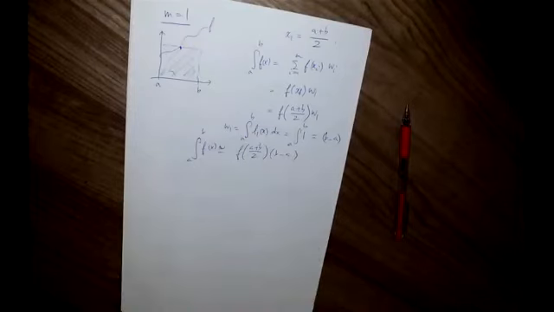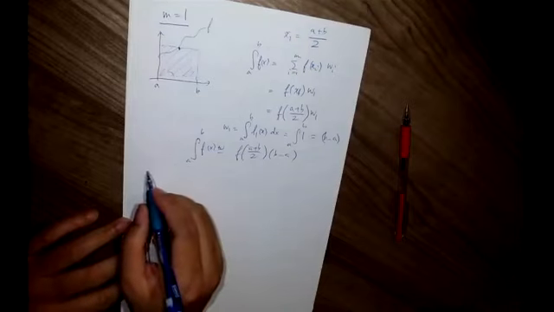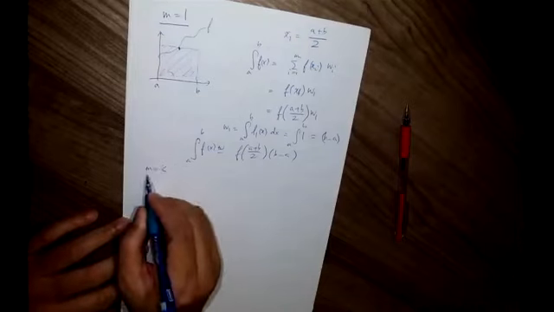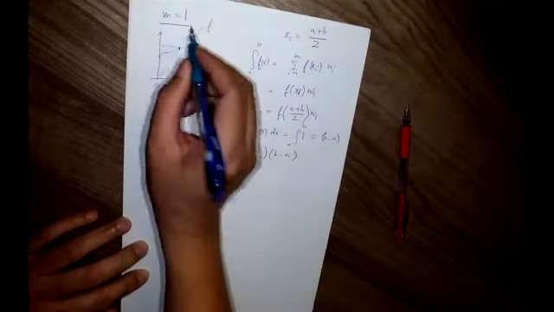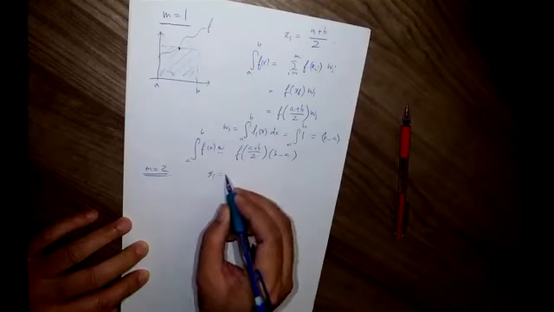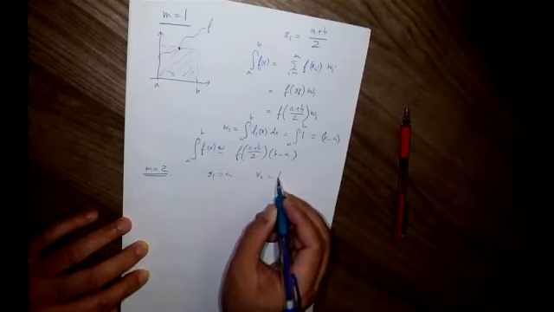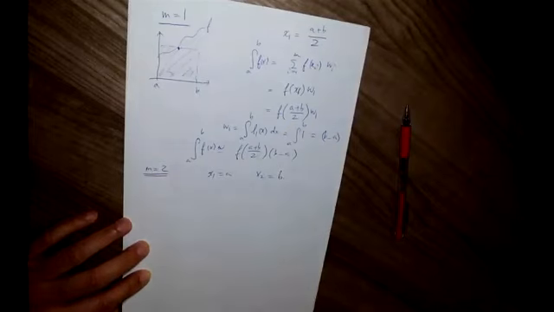Yeah? And now, what happens if I take m equal 2? So m equal 2 is I have 2 points. So now I take the first point as a, and the second point as b. Okay?